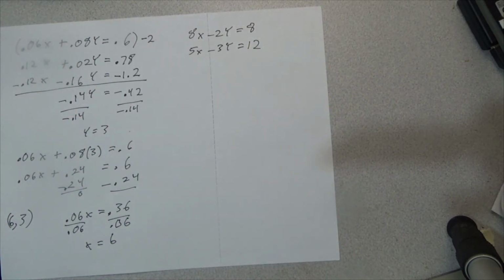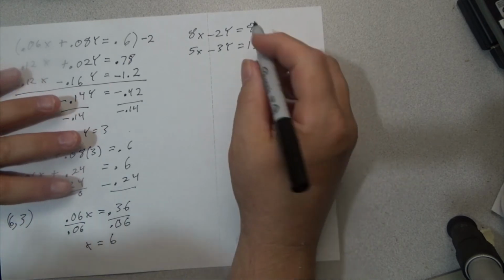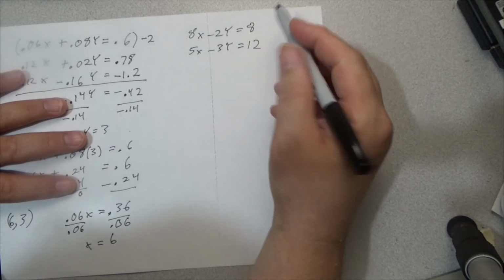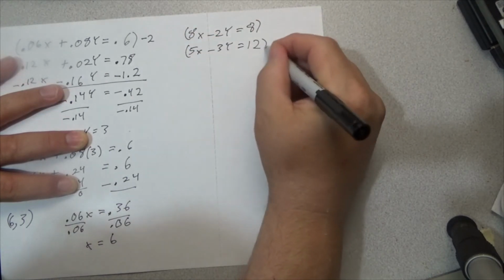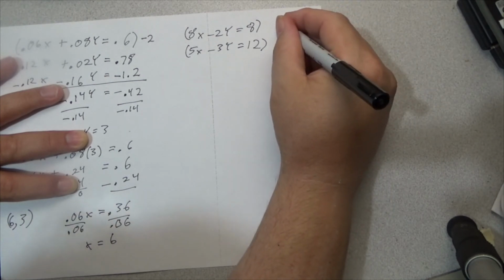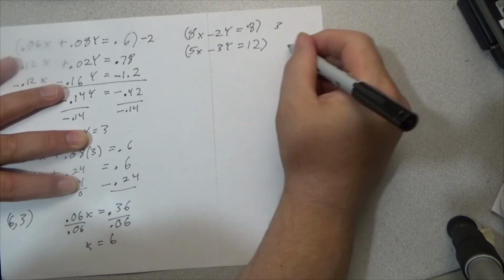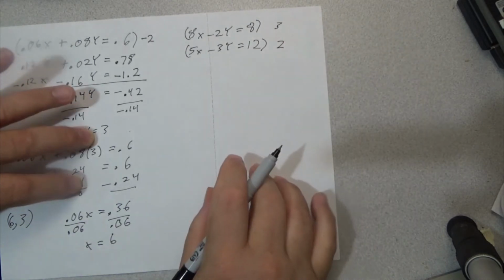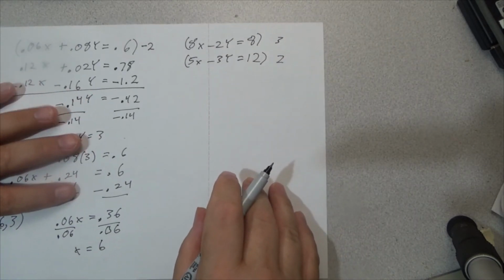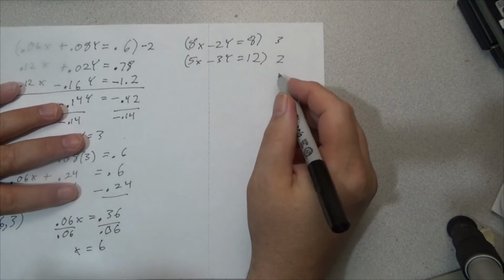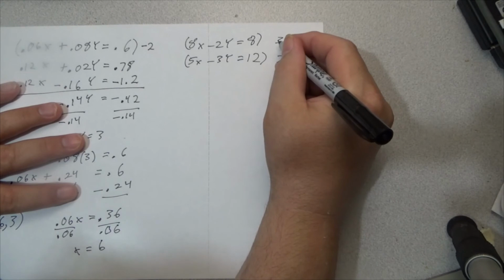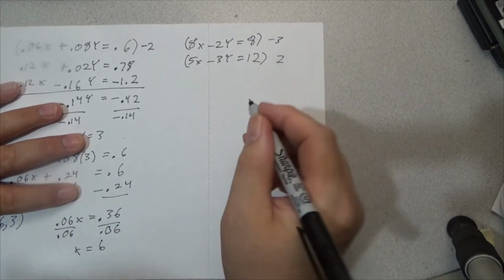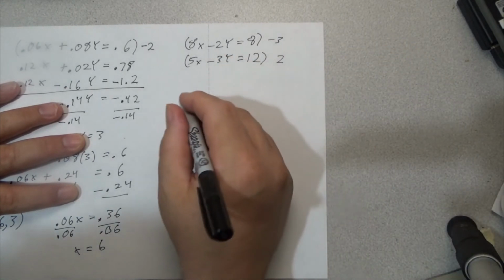Okay, so I'm going to stick with the y's here because I want to keep the numbers small. So this top one has to be multiplied by the 3, and this bottom one I multiply by the 2. Now that will get them equal, but I also need them to be opposite. So I just need to make one of them a negative. And like I've said, it does not matter which one. So let's just make that 3 a negative. So let's go ahead and multiply.